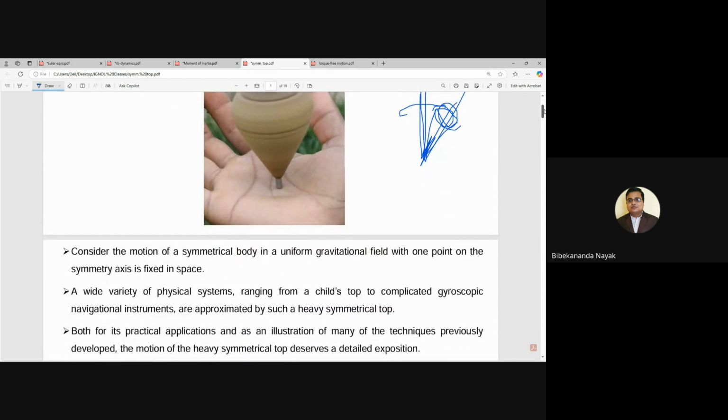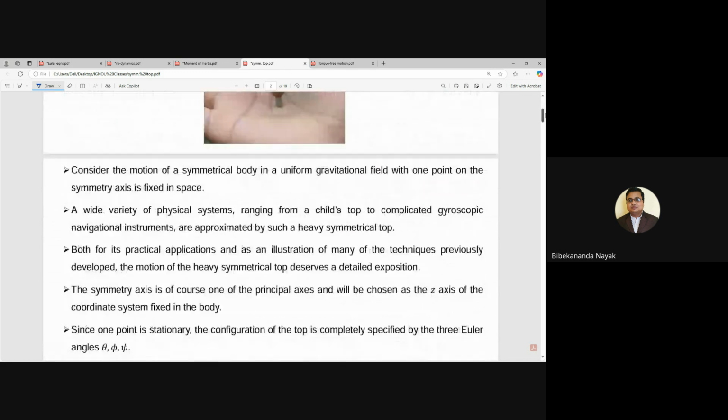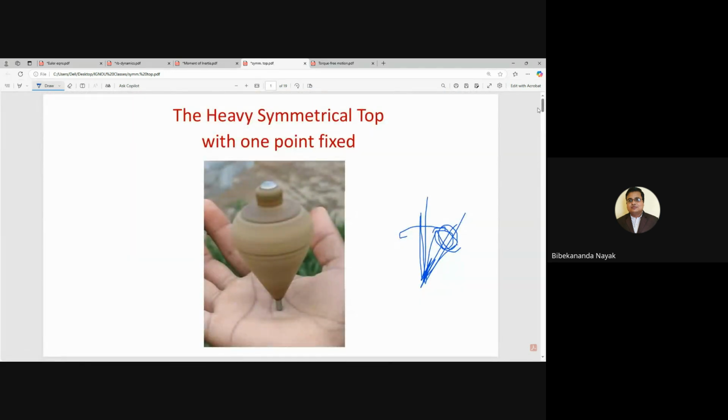Okay. Consider the motion of a symmetrical body. It is symmetric about the z axis, so we take I1 is equal to I2 is not equal to I3.